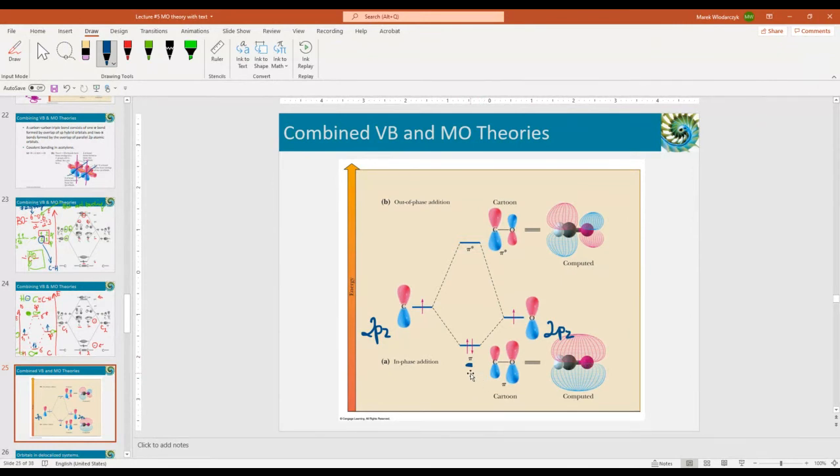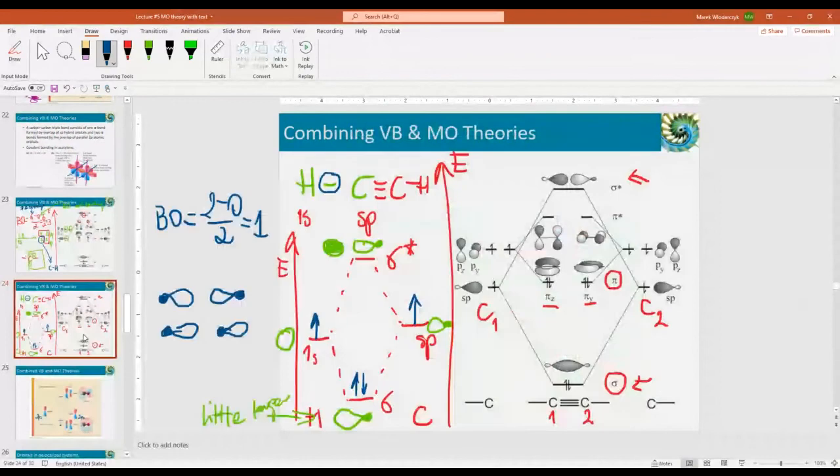And Daniela, you're welcome. So Daniela, in order for this diagram to show the anti-bonding orbital, the wave function sign has to be different than the one that it wants to interact with.